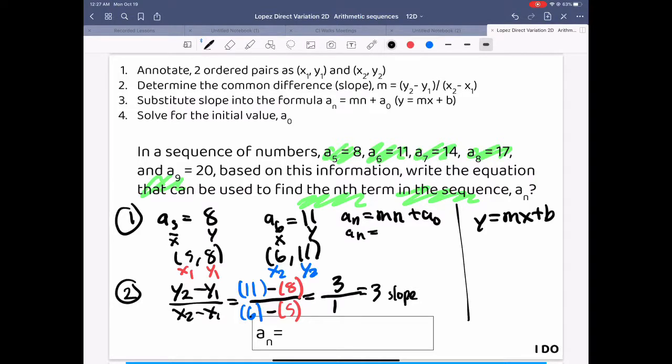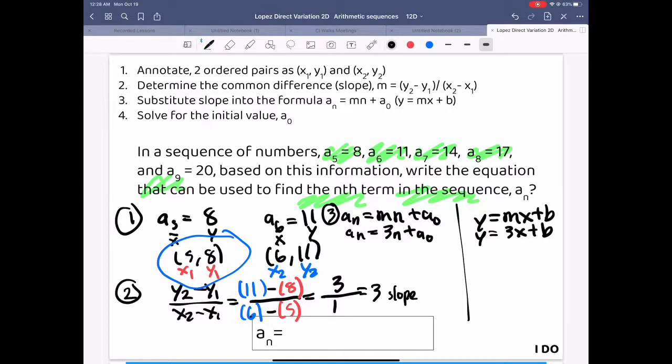A sub n is equal to 3 times n plus a sub 0. Y is equal to 3 times x plus b. And we're trying to find a b. Pick a point. It doesn't matter what point. You're going to substitute it in. So I'm going to choose this one right here.